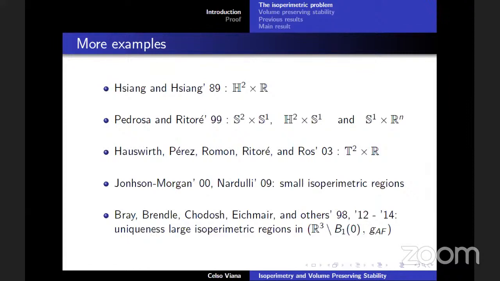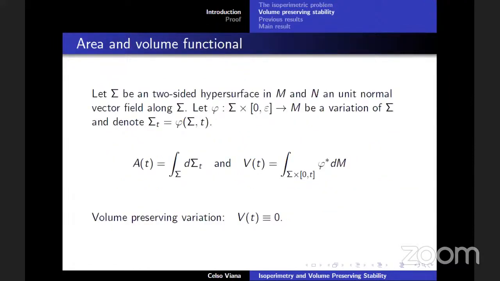So for that, it's important that we recall the main equations for critical points, okay? So here I'm going to introduce these two functionals, the area functional, which measures just the area of a perturbation of your isoperimetric surface, right? You can imagine that you can deform your surface in the direction of some normal vector field on the surface.